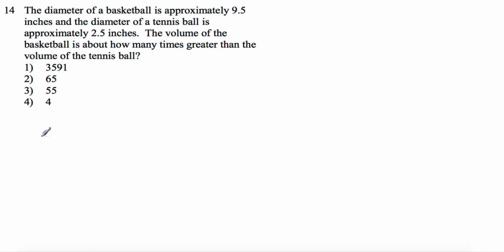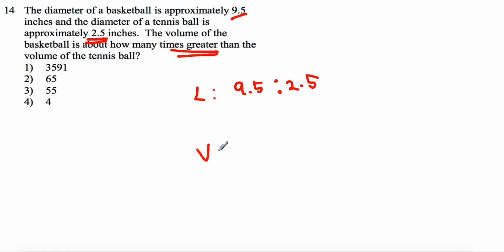Number 14. The diameter of a basketball is approximately 9.8 inches, and the diameter of the tennis ball is approximately 2.5. The volume of the basketball is how many times greater than the volume of the tennis ball? Since we're looking at volume in comparison to the diameters, the ratio of the length is 9.5 to 2.5.